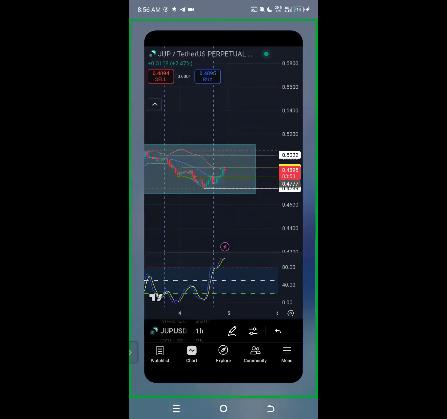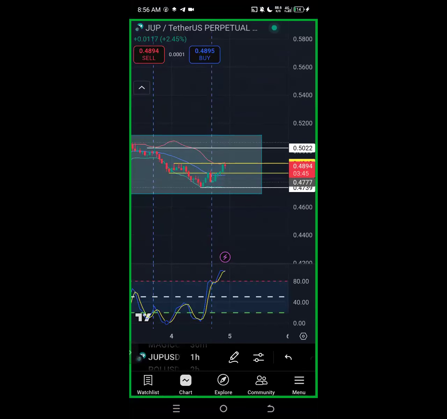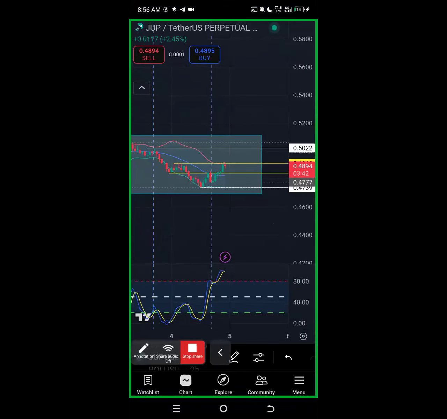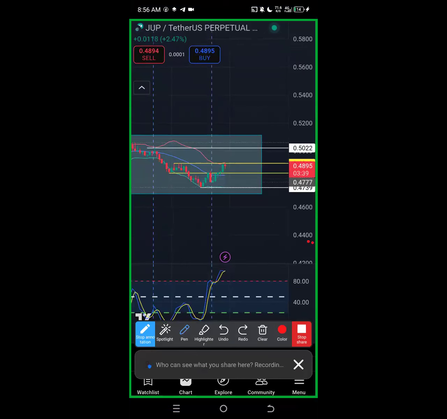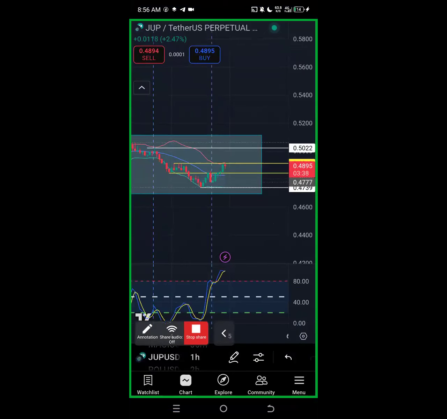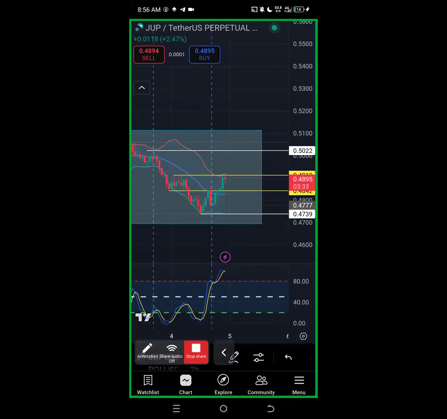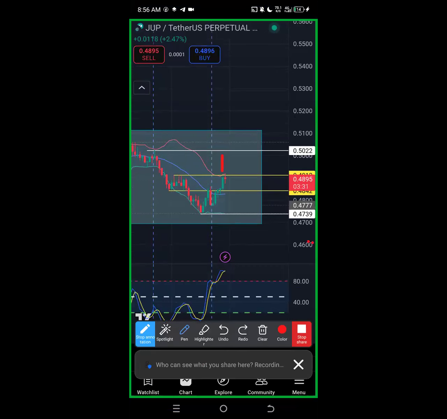These are the key things we are highlighting. The price is already at the resistance zone. It is on the upper band. First of all, it is on the upper band. Two, it is also around our resistance.